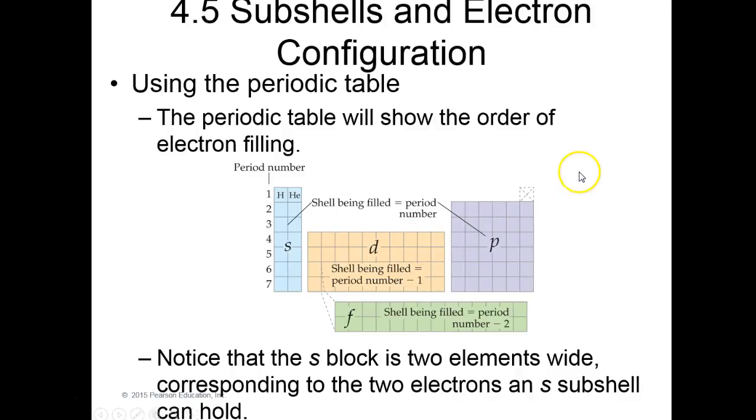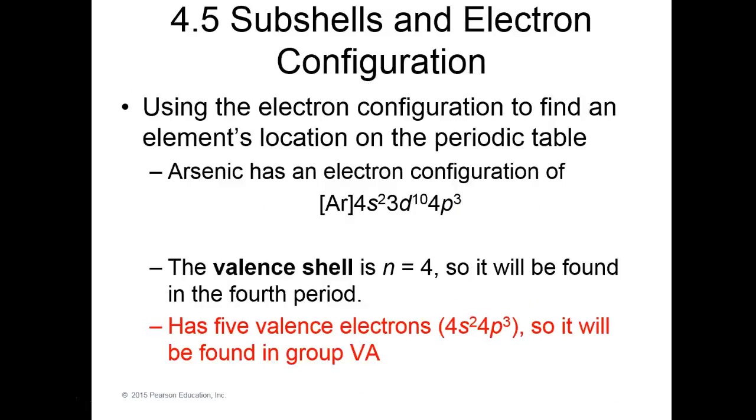Using the periodic table, we can see the order of electron filling. Notice that the S block is 2 elements wide, corresponding to 2 electrons in the S subshell. D, P, and F have different numbers corresponding to the number of electrons in the subshell.